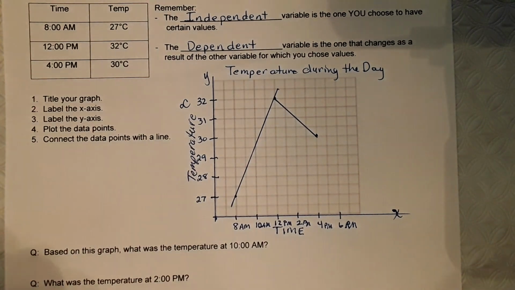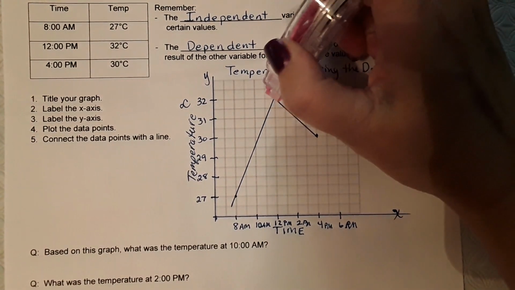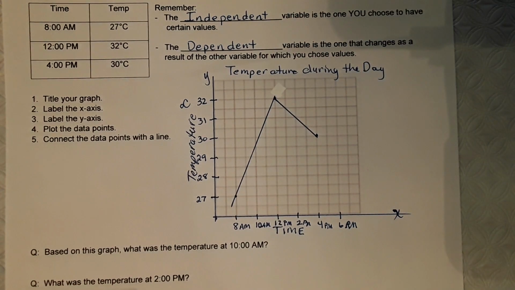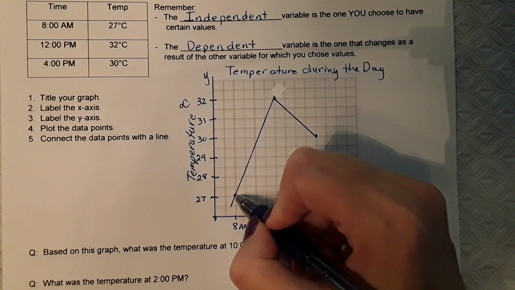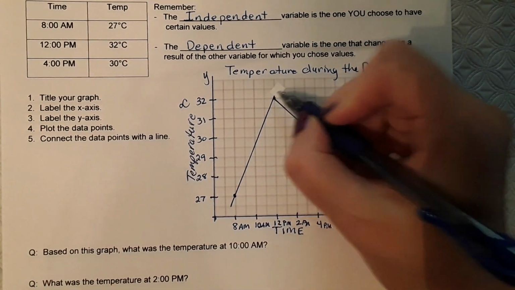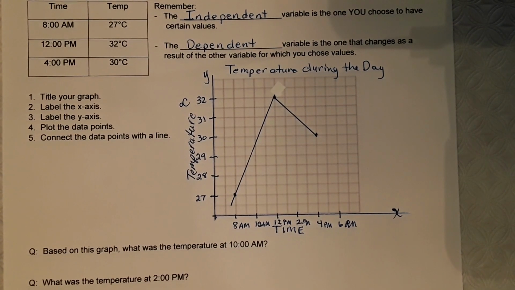There we go. And yeah, I got a little bit overly excited on that one apparently. There we go. That gets that out of the way. All right. So here's our graph of the temperatures during these time periods.